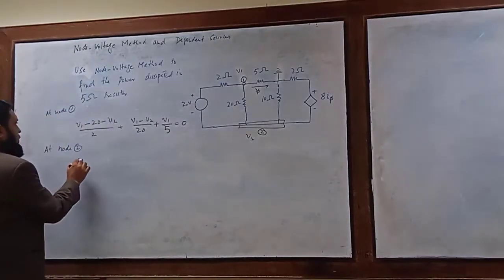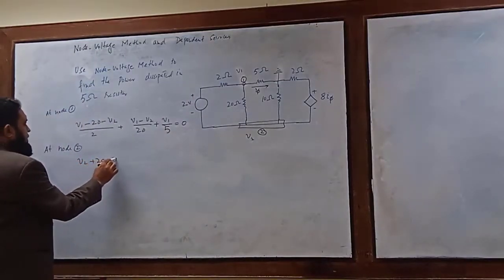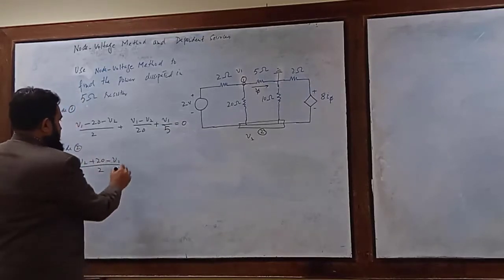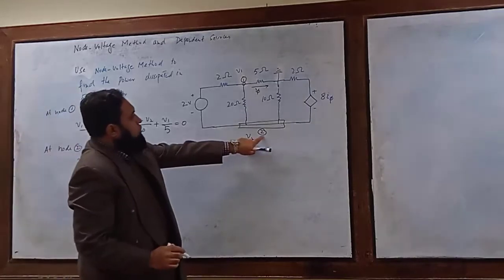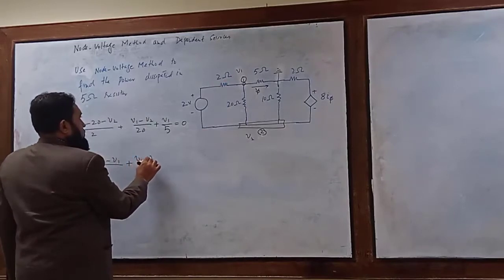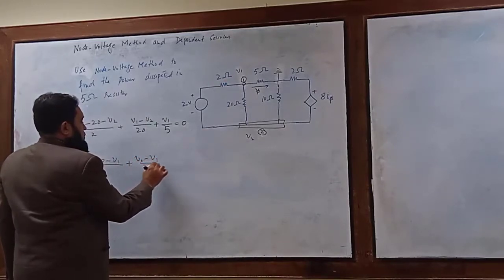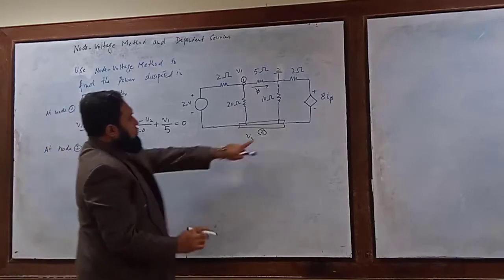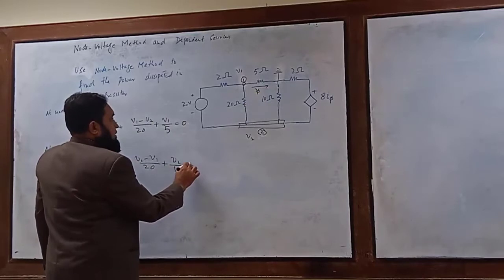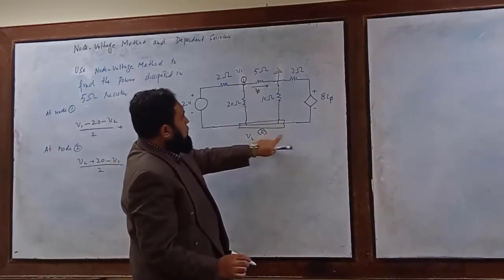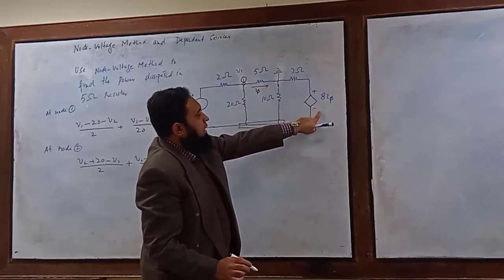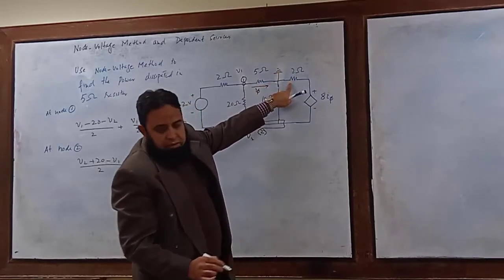So we can write V2 plus 20 minus V1 divided by 2, plus V2 minus V1 divided by 20, and V2 divided by 10, plus V2 plus 85 divided by 2.